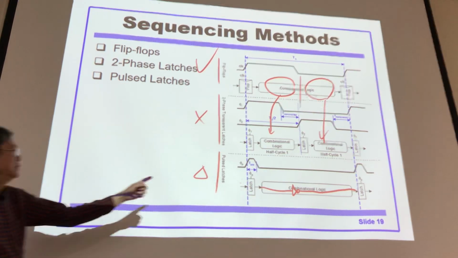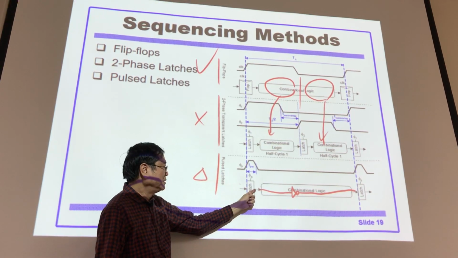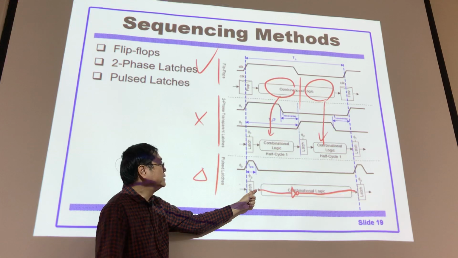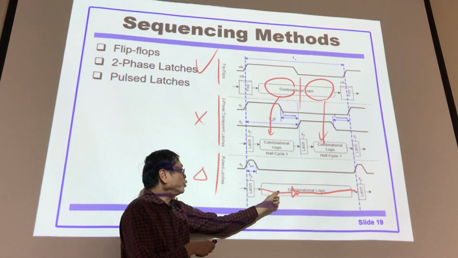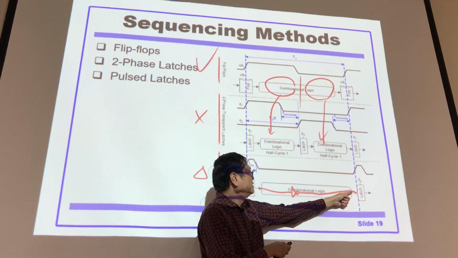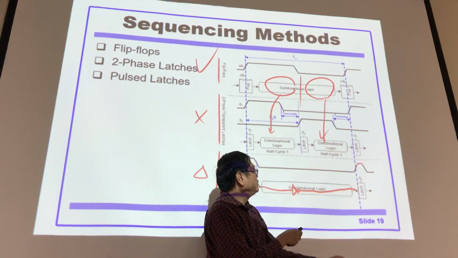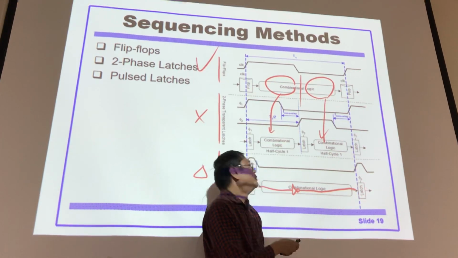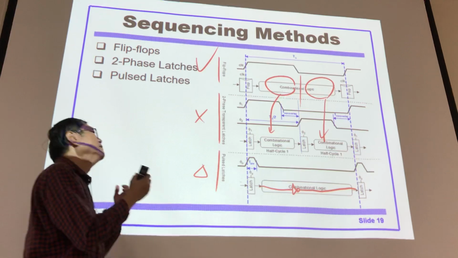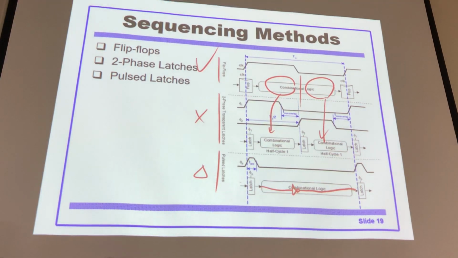Because when the clock goes up and is high, you enter the latch, it appears here, and we're still high. It's already around here, and it might go through. When you are still high, you can affect this latch, or you might not have enough hold time.